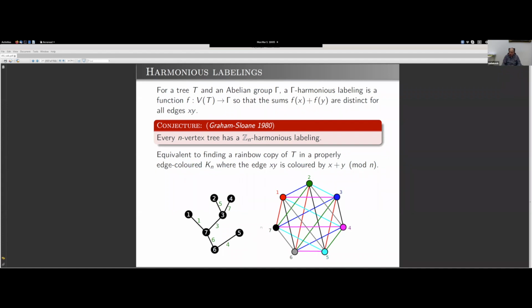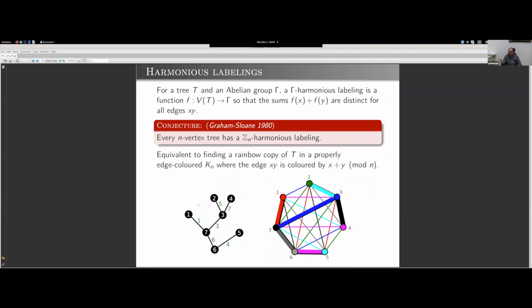So what I got is a proper coloring of the edges of the complete graph. And now what I want is to place this tree inside this coloring in such a way that the copy which I get is rainbow. And if you think, what does it mean? It means exactly that the addition along the edges produces different sums. Okay. So this is the first example.